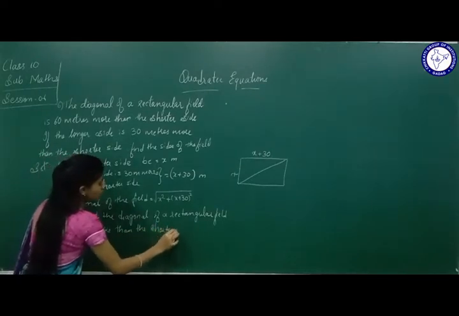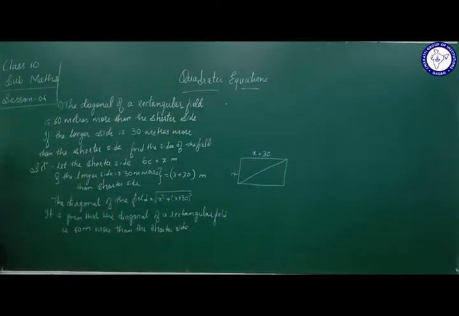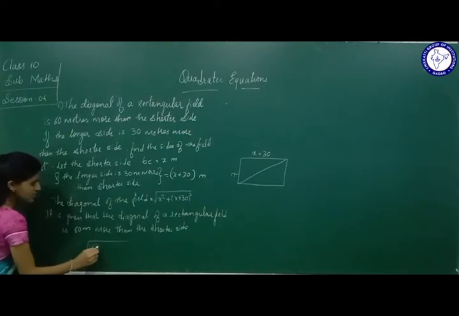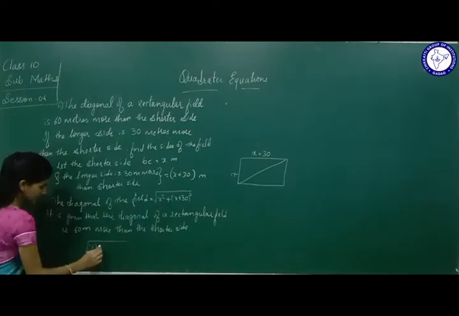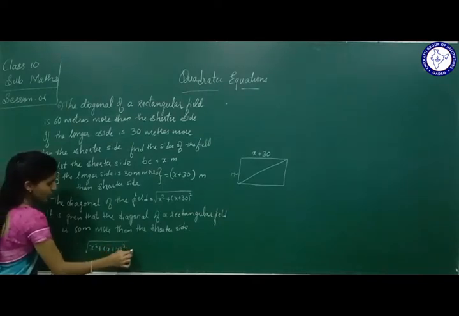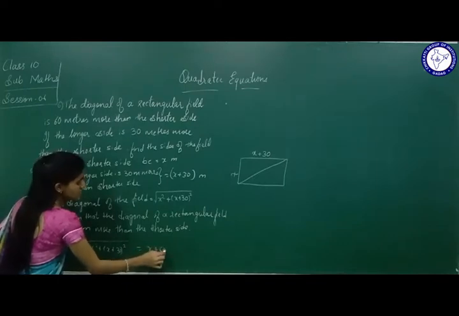We have just written whatever is given in the question. Since it is 60 meters more than the shorter side, how are we going to write it? Therefore, the root of x square plus x plus 30 whole square will be equal to x plus 60.